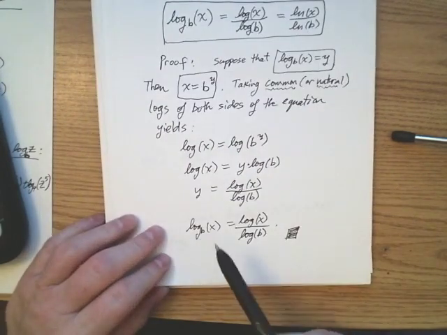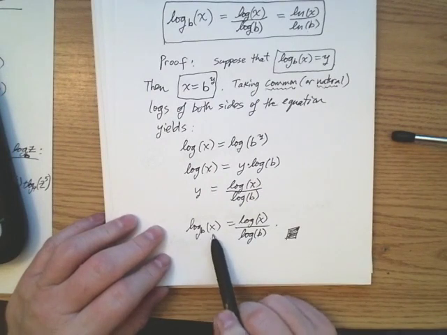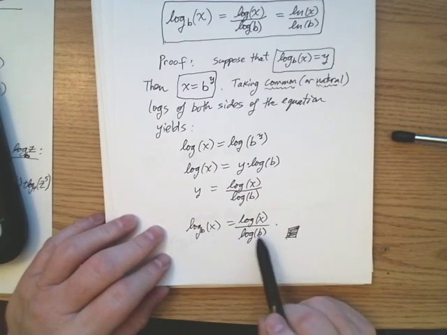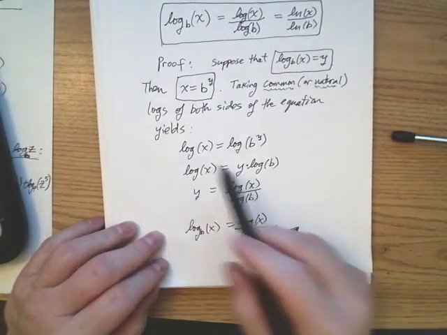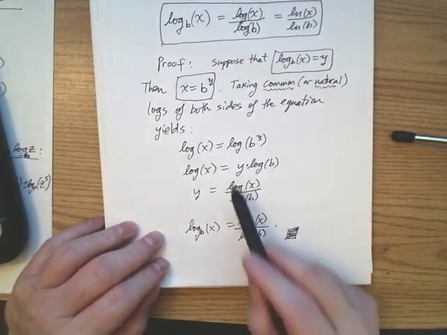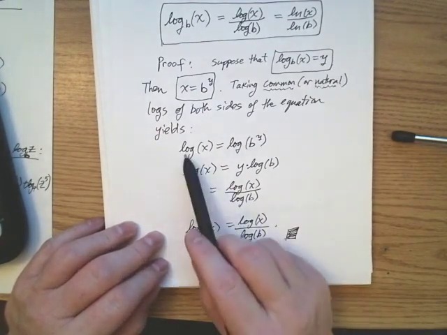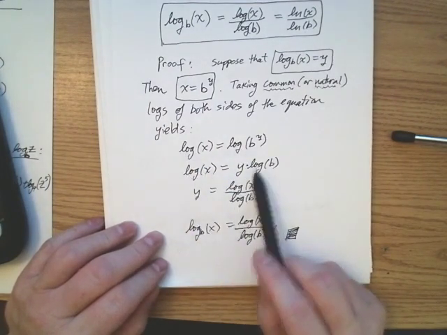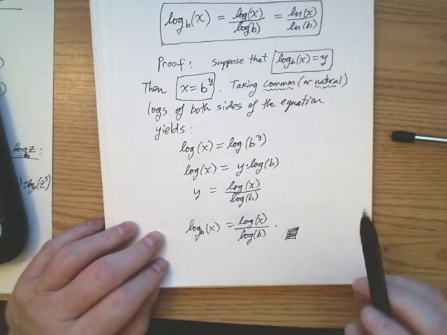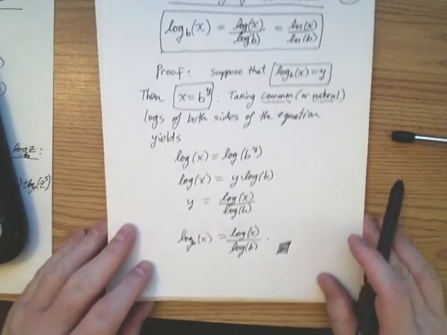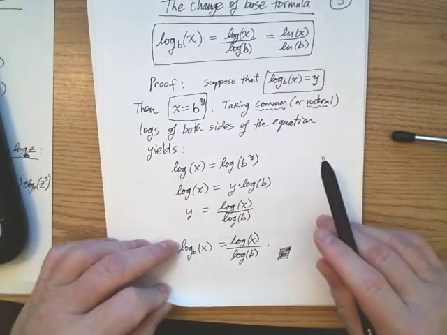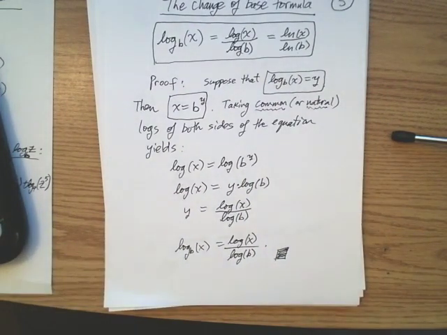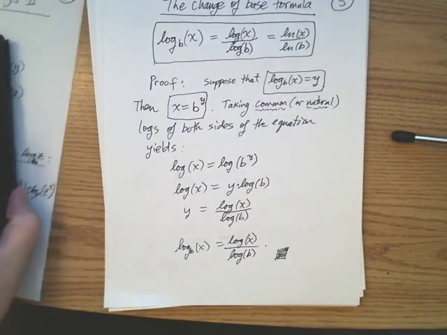So I back substitute that, and I found the logarithm base b of x is the logarithm of x divided by the logarithm of b. Now you could have done exactly the same thing here. All the manipulations would have been exactly the same if I had used ln instead, or logarithm to any other base for that matter. Of course, we use log base 10 or log base e in our change of base formula because these appear on our calculators.